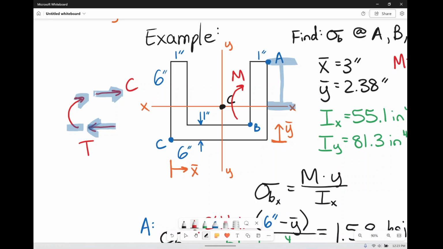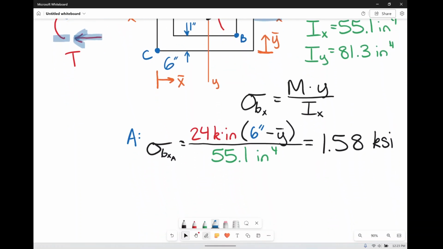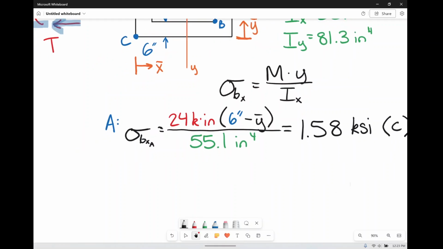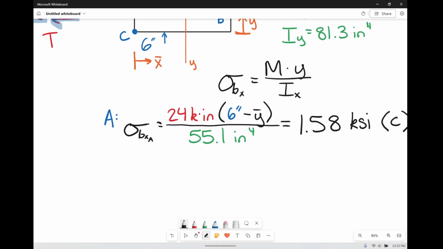If you're pulling out of the face, that's going to be tension. So on the top here, because our arrow is pointing into the face up at the top, this is going to be compression. Which again, compression is negative, technically. We can always denote it with C and T.